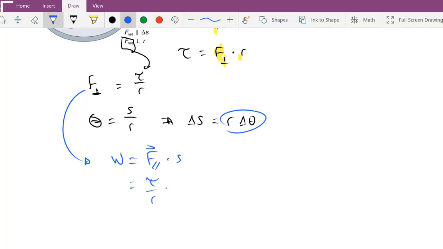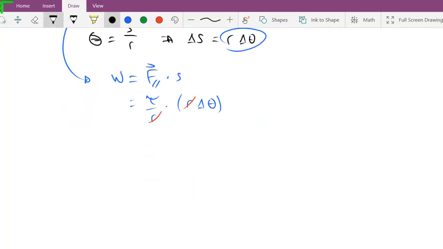So this is times r delta theta, and the radius cancels out, and so we have the work done for rotation. The rotational work is equal to the torque applied through an angle, so tau delta theta.